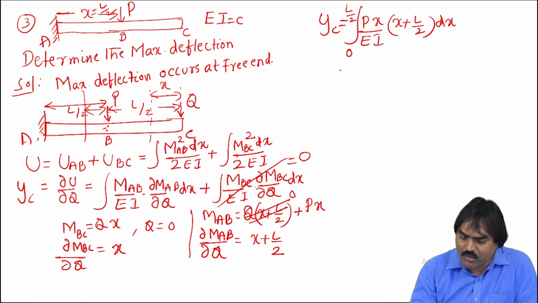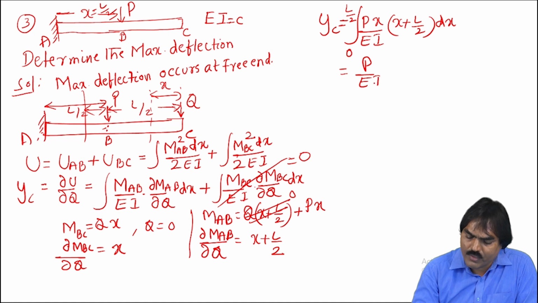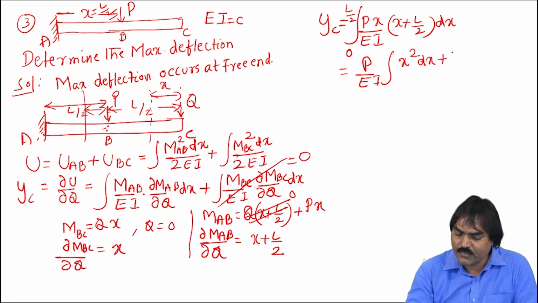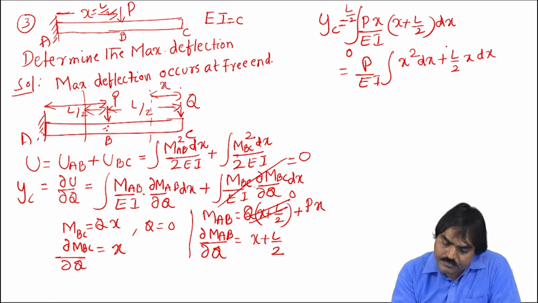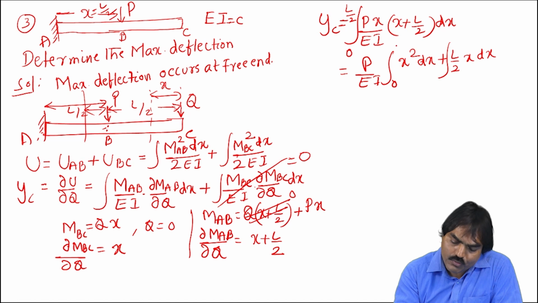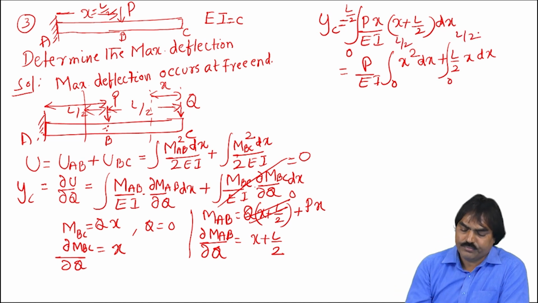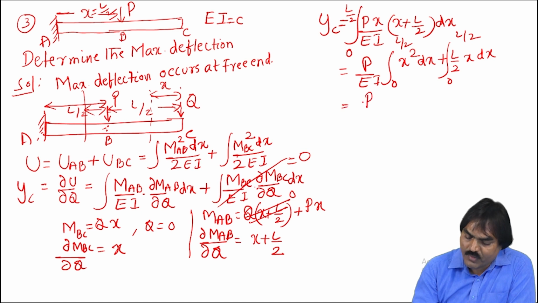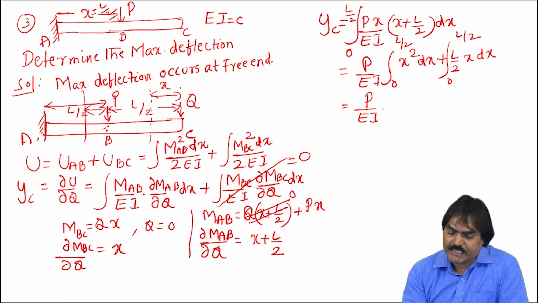So if you solve this integration, that is P by EI integration of X square dx plus L by 2 into X dx. Okay. 0 to L by 2, 0 to L by 2. That is P by EI into X square integration becomes how much?